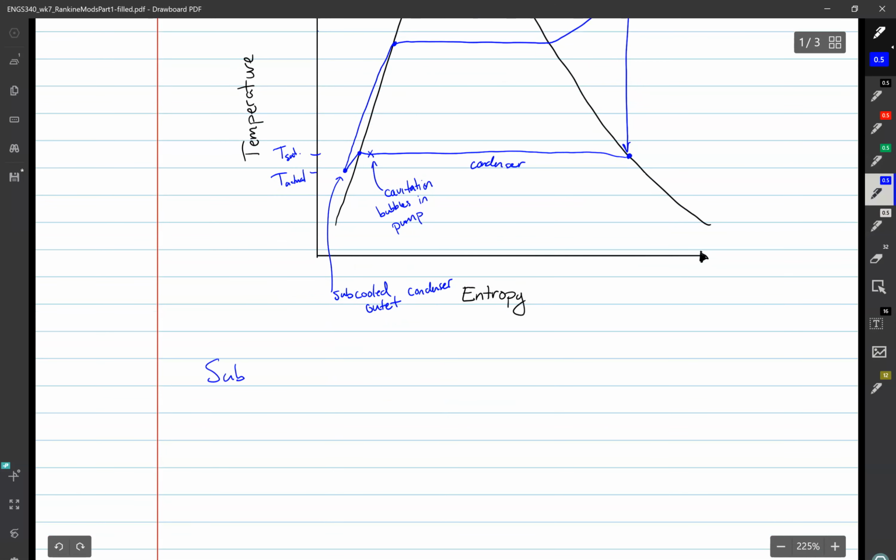And really a subcooled condenser outlet, by that I mean we're just below the boiling point.